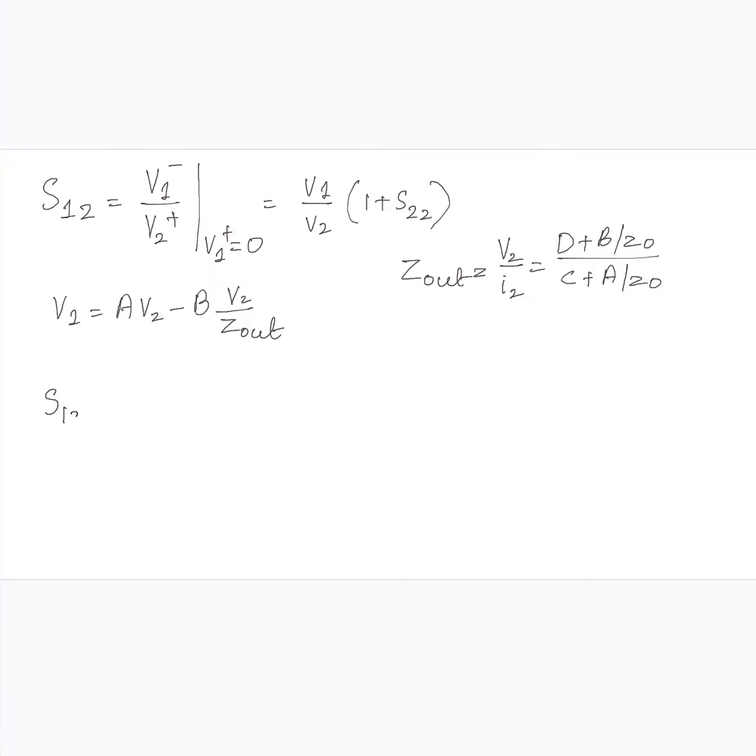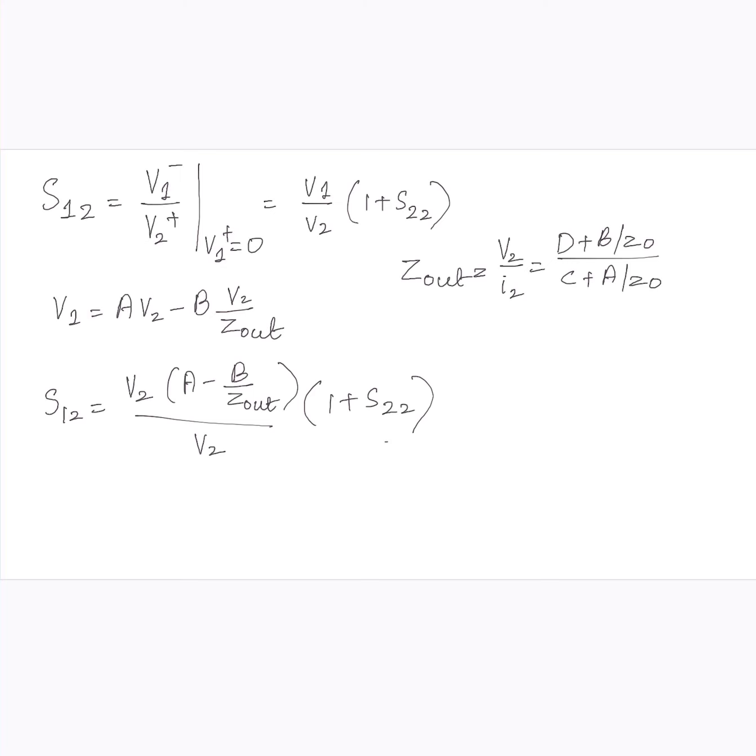So we can write S12 is equal to V2 into (A minus B by Z out) divided by V2 into (1 plus S22). That is, instead of V1, we substituted this equation, divided by V2 into 1 plus S22.